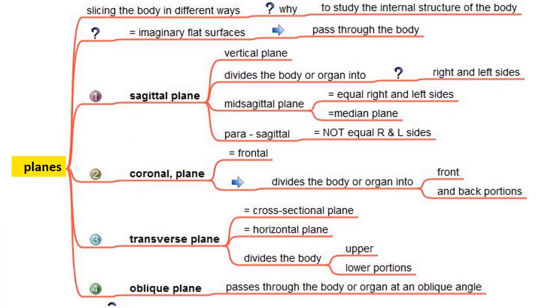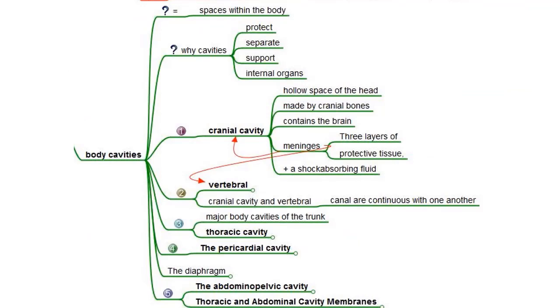We have also studied body cavities. What is a body cavity? Body cavities are spaces within the body. Why do we have cavities? For the following reasons. And we have cranial cavity, vertebral cavity, thoracic, pericardial, and abdominopelvic cavity.